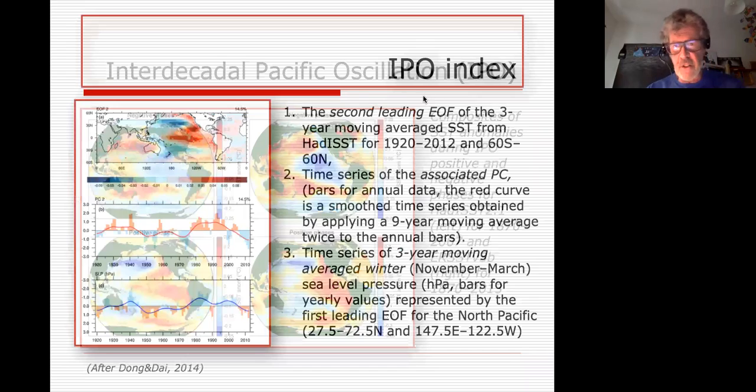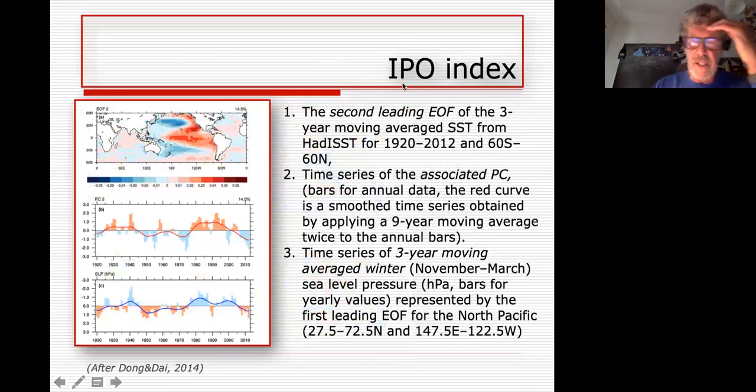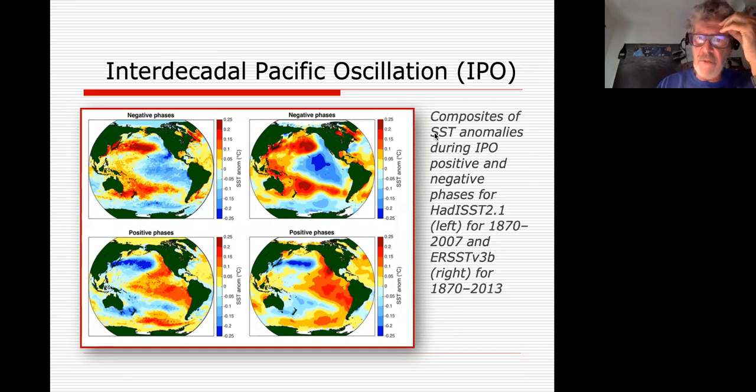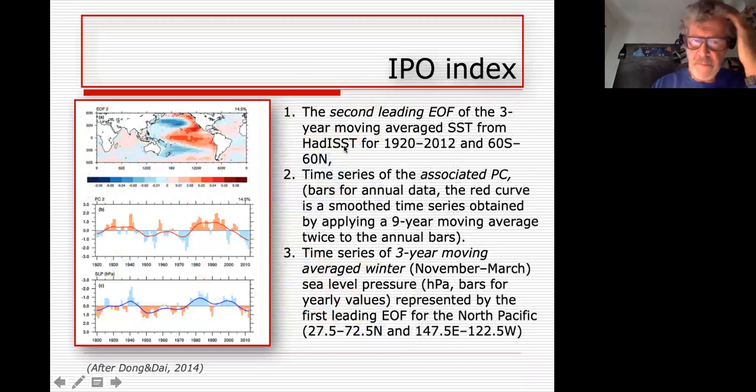And the definition for the IPO index is, in this case, the second leading mode of the 3-year moving average SST calculated in this band. And obviously here you also have the El Niño signature, and the time series associated to the principal components.